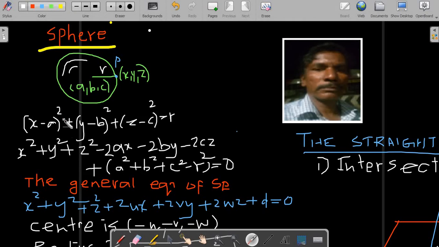Then from the geometry we know that x minus a the whole square plus y minus b the whole square plus z minus c the whole square must be equal to r. I think it is not r, it should be r square.